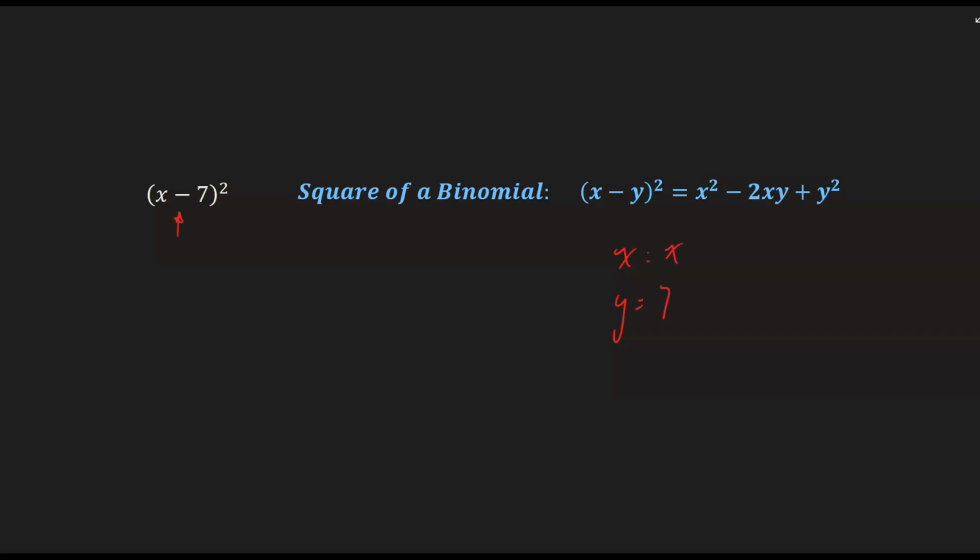And so I will follow the same pattern. x squared minus 2 times x times 7 plus 7 squared, which is x squared minus 14x plus 49. We are doubling the y term and multiplying by x, and then squaring the y term here.